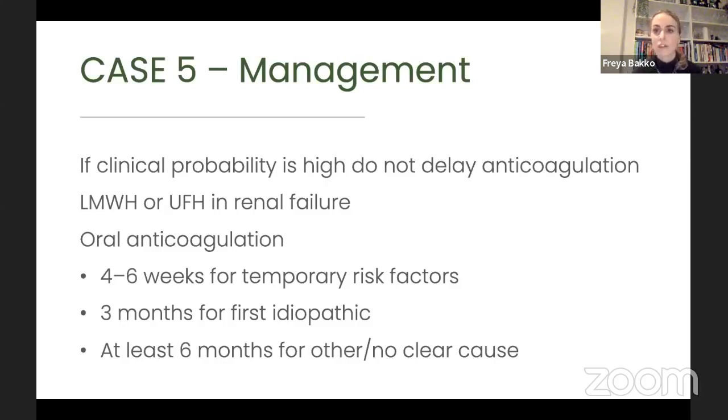And the duration of oral anticoagulation will depend on your local guidelines, but usually it is 4 to 6 weeks in patients with temporary risk factors, and 3 to 6 months for patients with no clear cause or lifelong for some patients as well. So just make sure you adhere to your local guidelines when prescribing long-term anticoagulation. But post-operatively, you often have quite a clear cause and they will unlikely be on long-term anticoagulation.